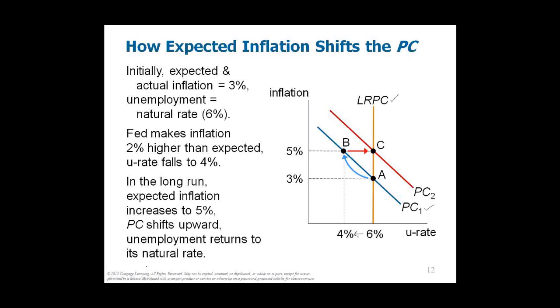But notice in the long run, because the inflation is expected to increase to 5%, that Phillips curve will shift back. So here's the shift back here in the long run. It shifts back, and the unemployment returns to its natural rate. This was what we called the natural rate.